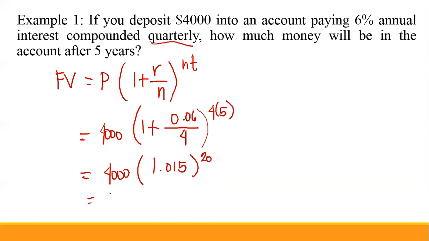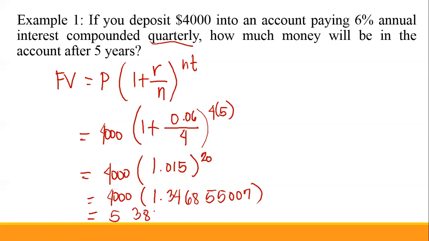And this is equal now to 4,000 times 1.346855007. So the future value is 5,387 and... yeah, so we have to round our final answer here.